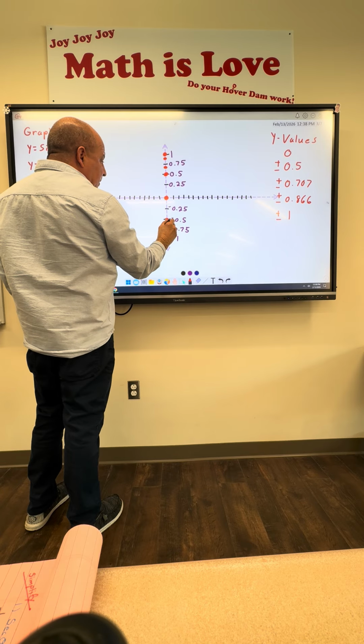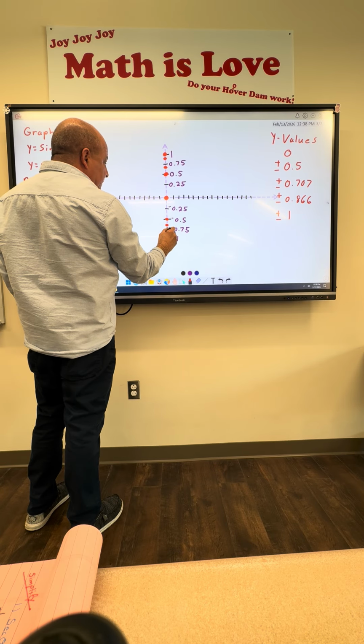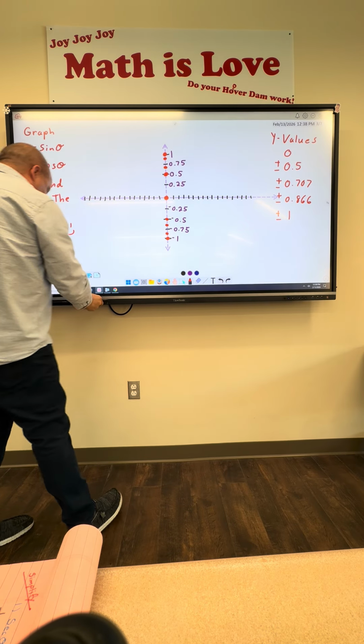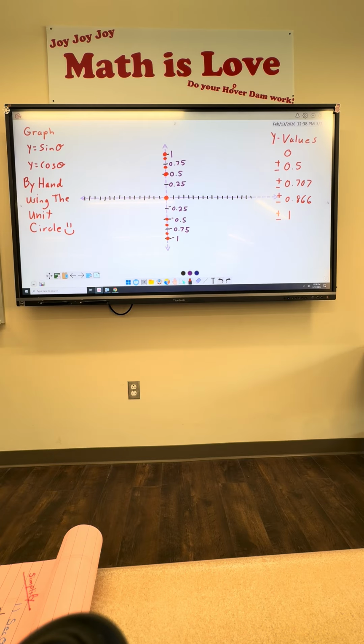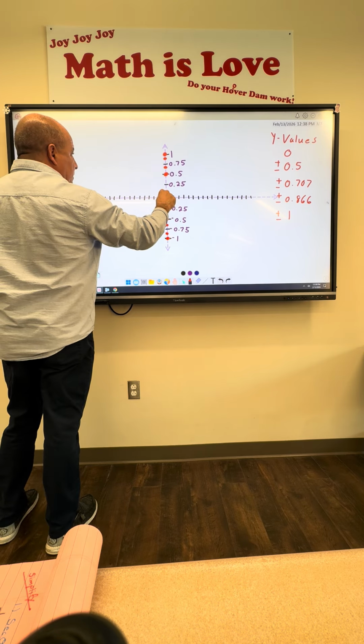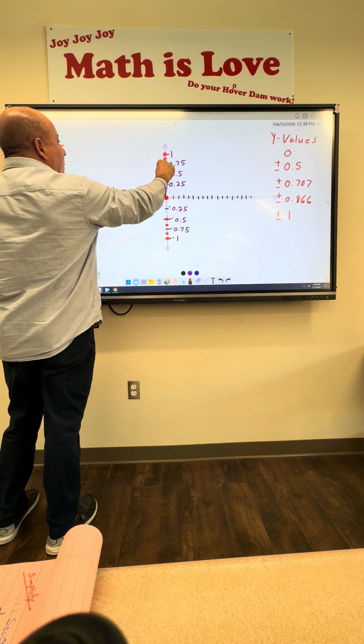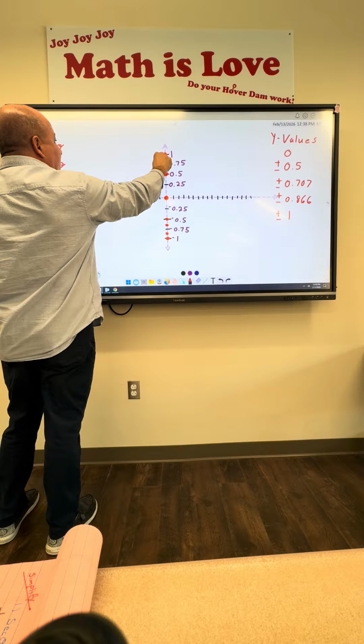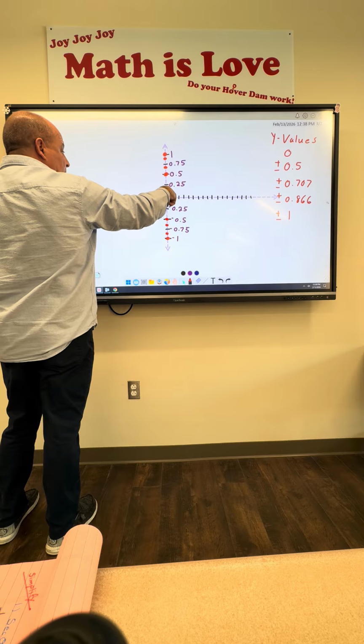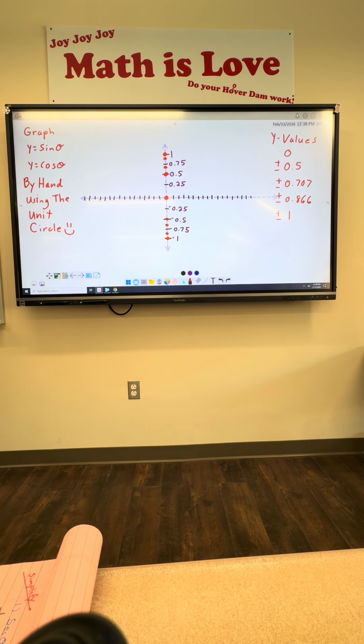Then I also got to be able to do that in a negative direction. So when you go to graph this by hand, you're going to plot points. Those will be the y values. There won't be any others. Your y values will either be 0, 0.5, 0.707, 0.866, or 1. But then also you got to be able to go to the negative direction. Is that good?